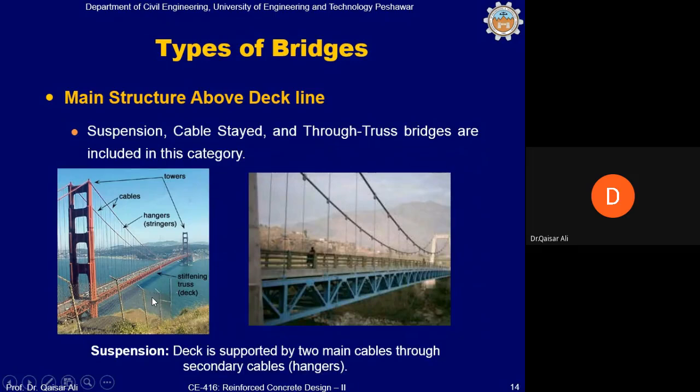A suspension bridge, as you might know, consists of a deck, and the deck is connected through hangers or stringers, and then the stringers are further connected to cables, and cables run through towers, and then they are anchored on both ends to some anchor block. So these are the main components of a suspension cable bridge.